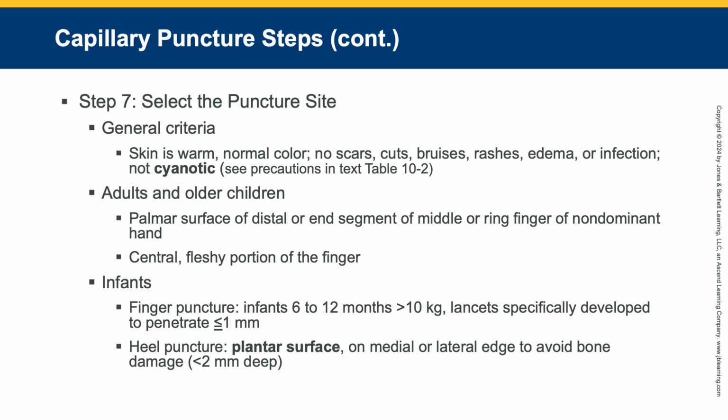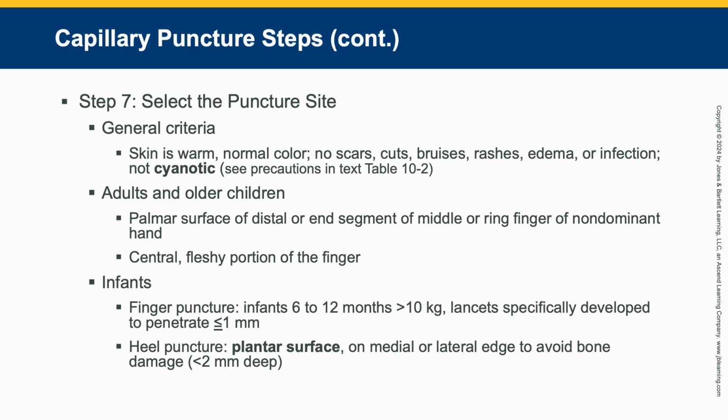Remember which finger: the middle finger or ring finger of the non-dominant hand. So ask them which hand they write with, and then stick the other hand. You're going to get in the central or the fleshy portion of that bottom distal segment.